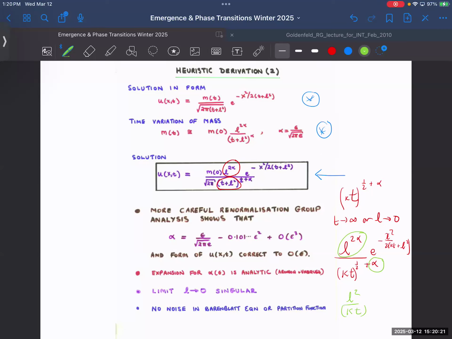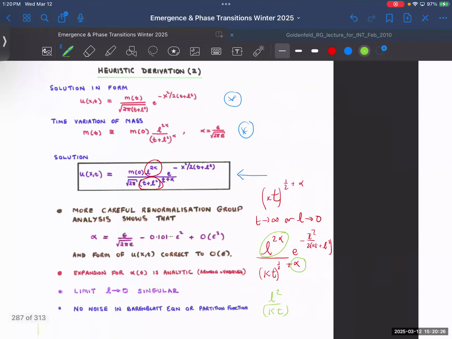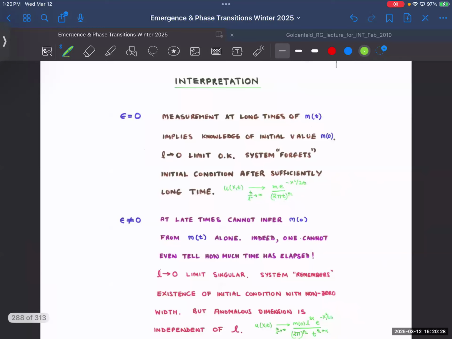And so what's happening here is that the system has remembered its initial condition.